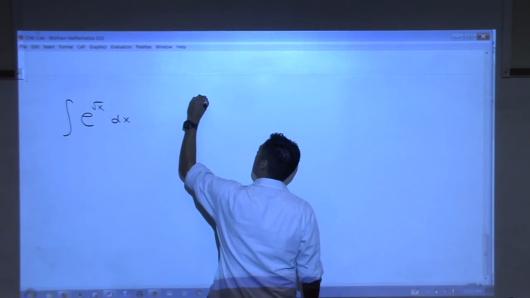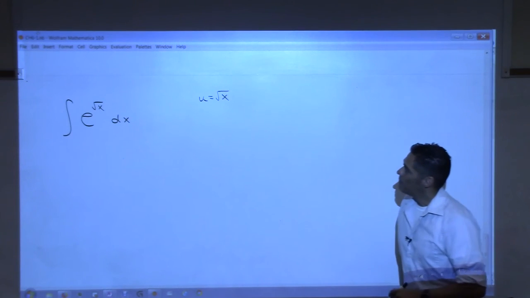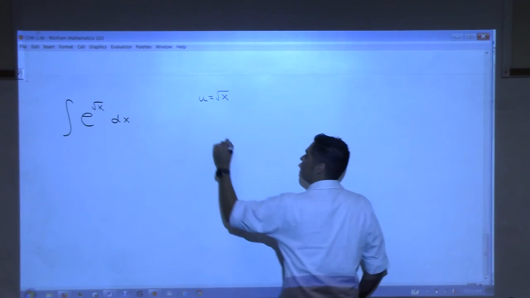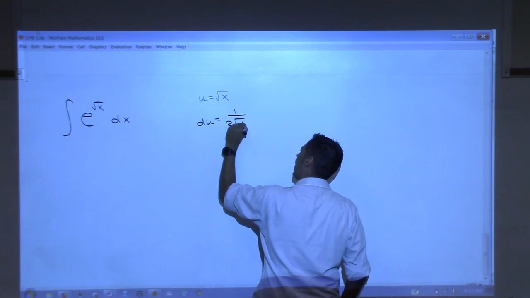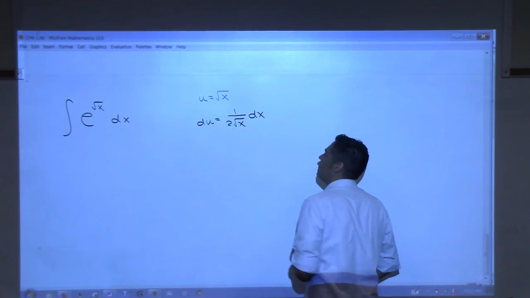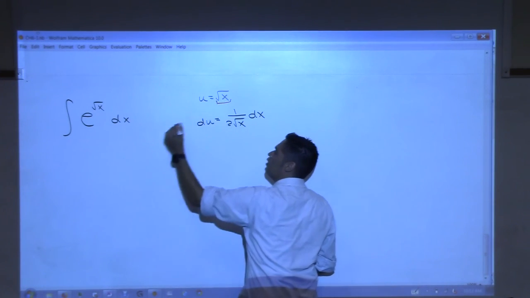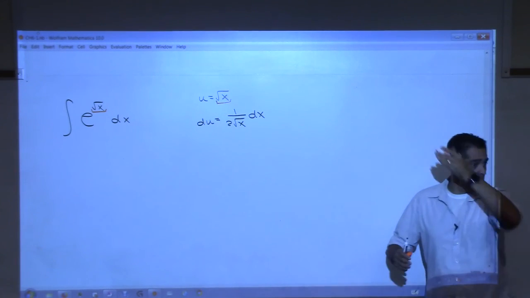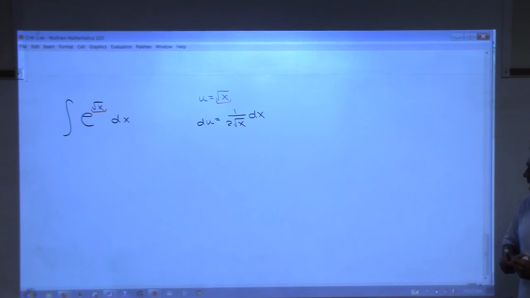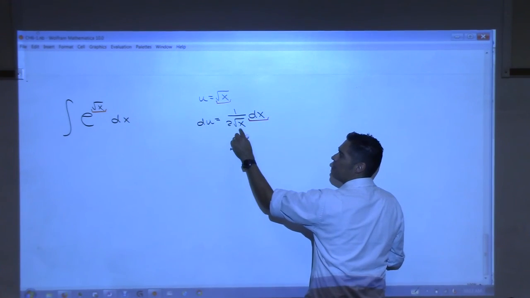Let's go with u is equal to root x, okay? Let's just try it. The derivative of that, using basic substitution, is 1 over 2 root x dx. Root x right here is my u. So that new integral would become e to the u. But that dx, I have not figured out what to do with yet. I'd have to get rid of this, right?